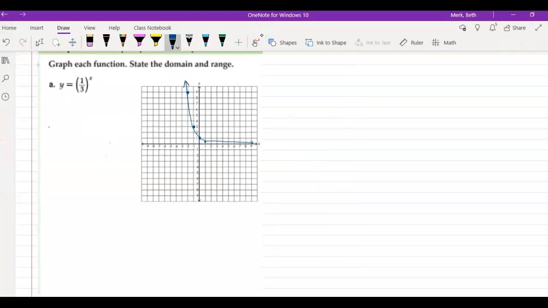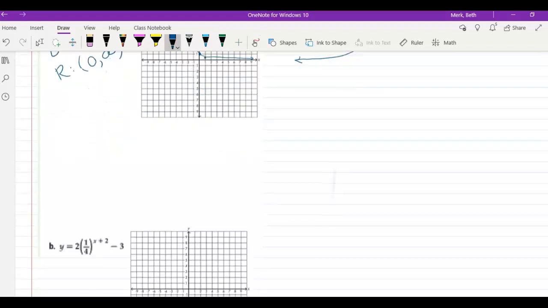When we talk about the domain, we're going from -infinity to infinity still. And the range is still from 0 to infinity. But with growth, the function from left to right looks like this. With decay, it starts out big as you go from left to right and gets smaller.